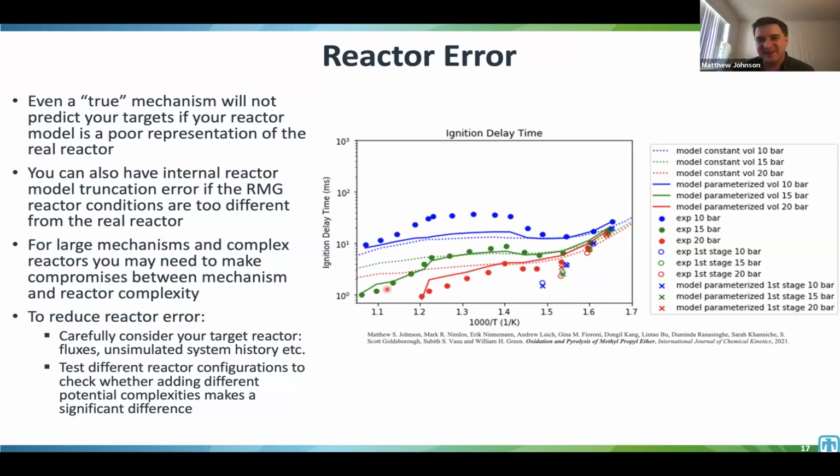And this emphasizes the importance of understanding your reactor and making sure you're simulating your reactor well. It's important to test different reactor configurations to check whether adding different potential complexities may make a significant difference. You should also look through the literature to see how other people are handling your experiment of interest.